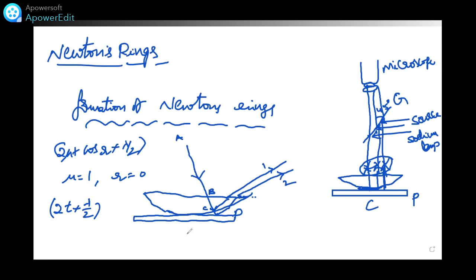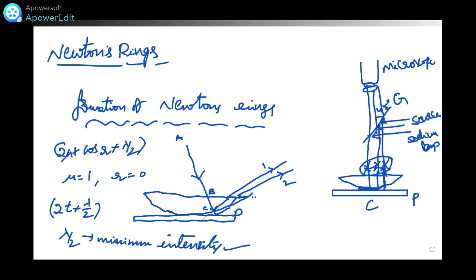At the point of contact, t is also 0 and the path difference is lambda by 2, which is the condition for minimum intensity.